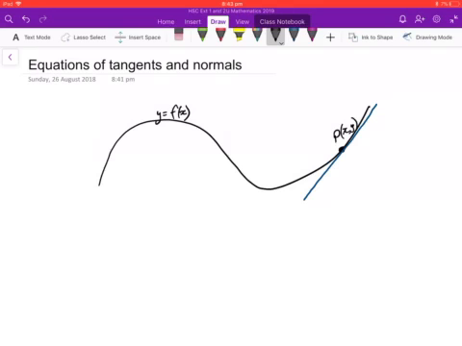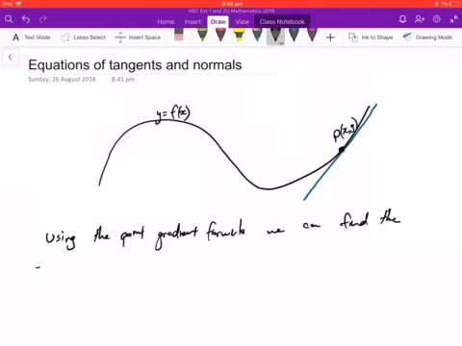So using the point gradient formula, we can find the equation of the tangent. Now I'm going to add in a new word here, and normal.